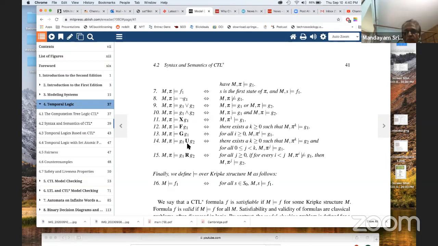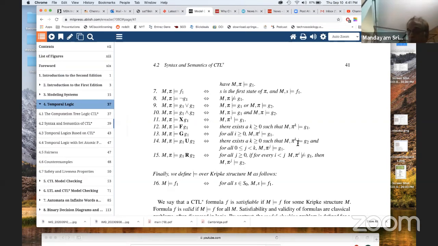This is the until operator. G1 until G2 is true if there exists a position k in the path pi such that G2 is true for the path starting from k.